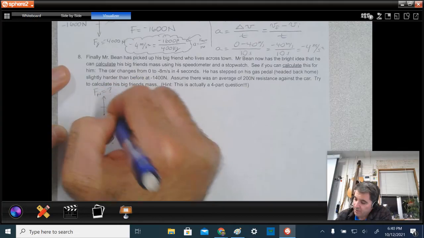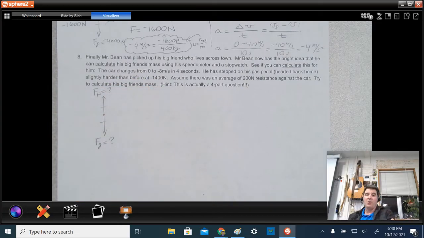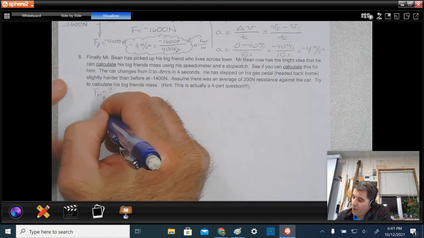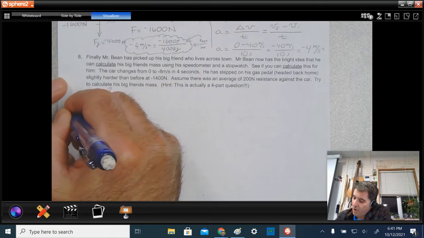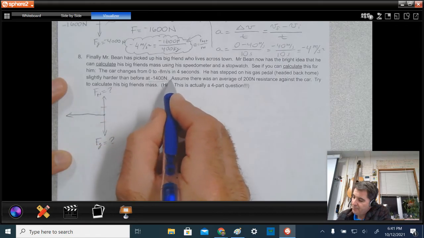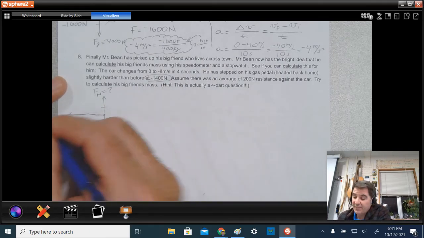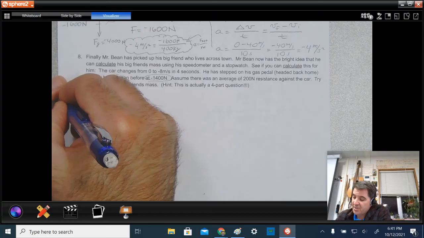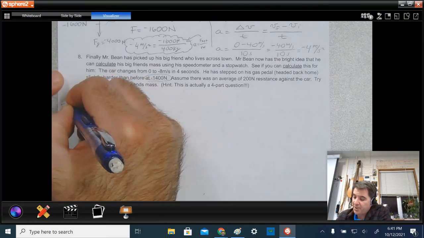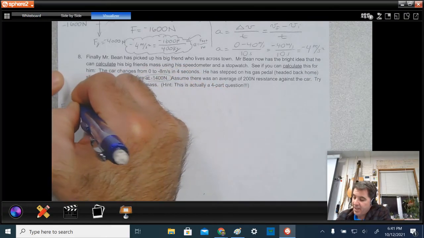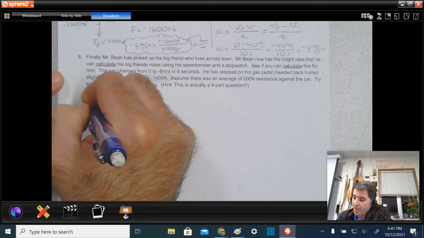We know they're equal, but we just don't know what they are because it was 400 with Mr. Bean in the car, but now Mr. Bean's big friend is in the car with him. So he's going to go back home. How do I know it's back home? Because it's a negative. So left is back home. This is the force that's applied now, a negative 1400 newtons.